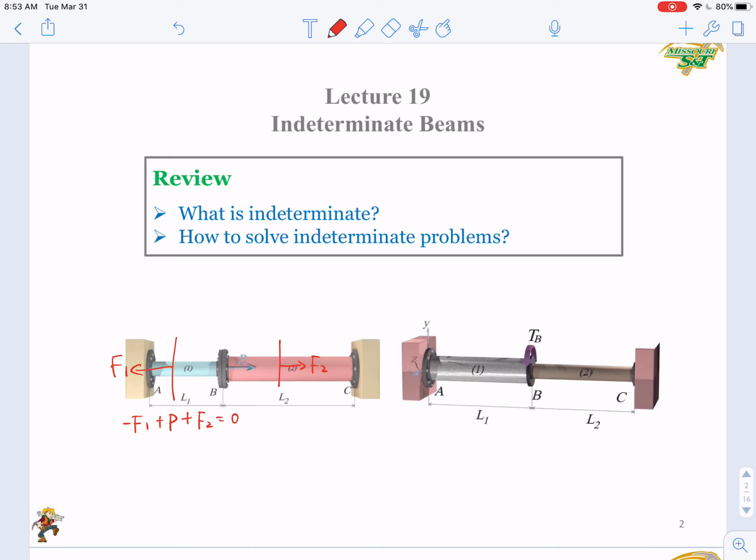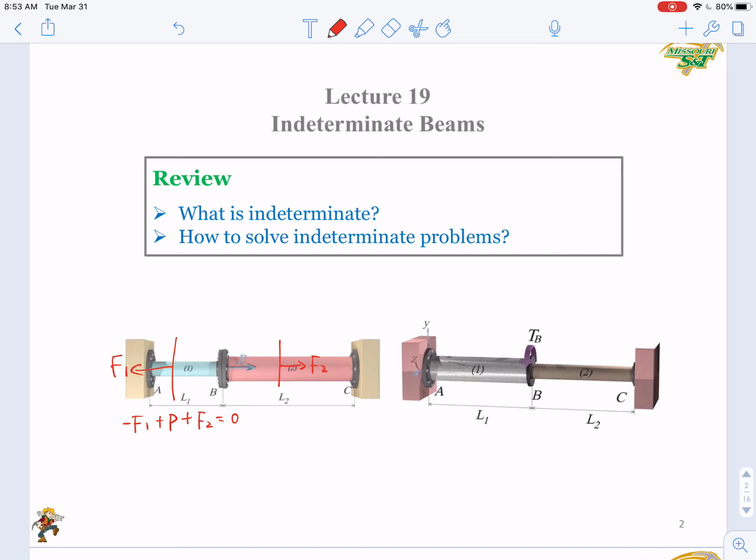So what are compatibility equations in this case? Since two ends of this system have been fixed, there is no overall deformation or elongation allowed.